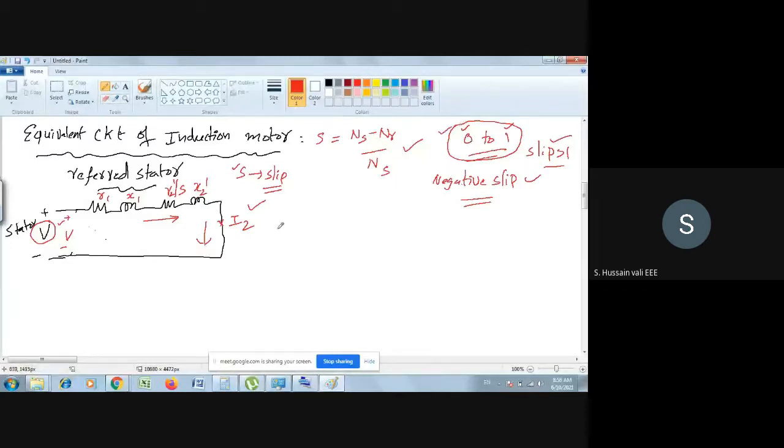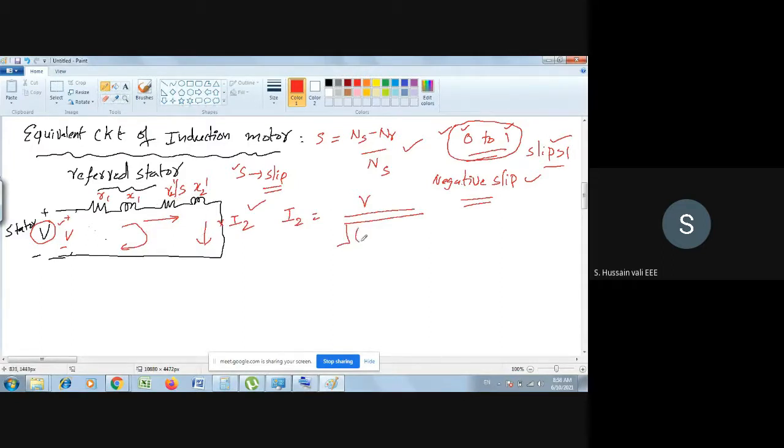So this derivation I don't want to bring here. I just directly draw the equivalent circuit of the induction motor referred to stator. This one. Then what is I2 here? How can I write I2? Simple thing, V by square root of, you see now, R1 and R2 dash by S, both are resistances.